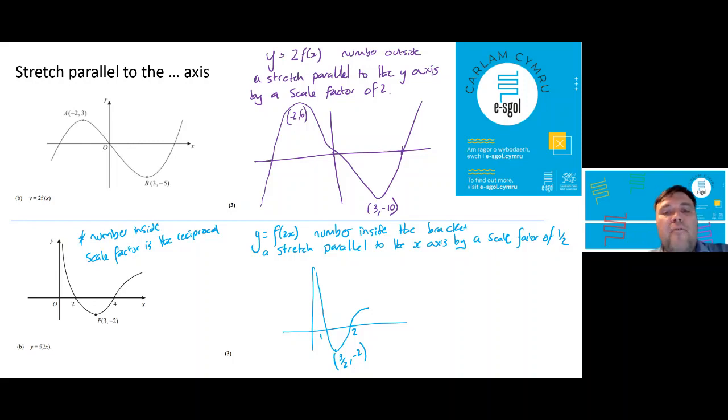If it was f of half x, then the number inside the bracket, the scale factor would be 2. Right, I've got 3 minutes, which will be fine because I've got 3 questions, which will be a minute a question. So here it says sketch a graph of y equals minus 3 f of x.